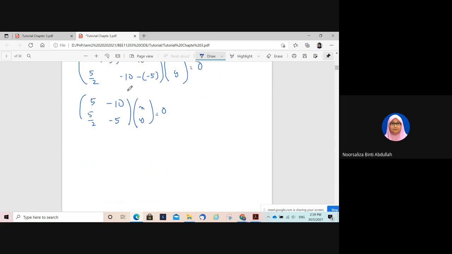Now you multiply this part and it equals to 0. So now we have 5x minus 10y equals to 0, and the other one is 5 over 2x minus 5y equals to 0.